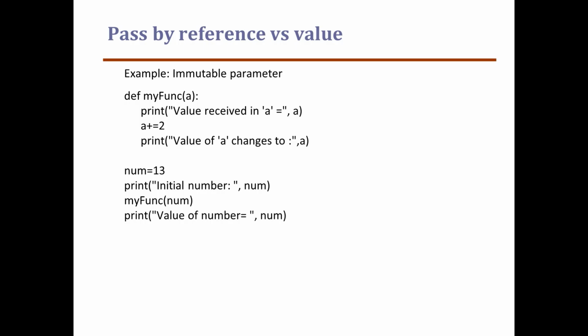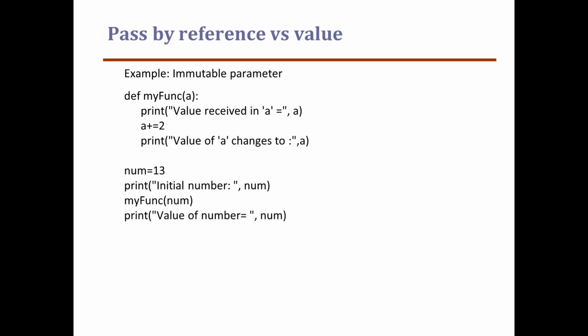Here is an example for the call by value method, where the parameter passed is of type integer. In the main program you can see that num is equal to 13, an integer value. We have a function called my function which receives the parameter a and prints the value it received.